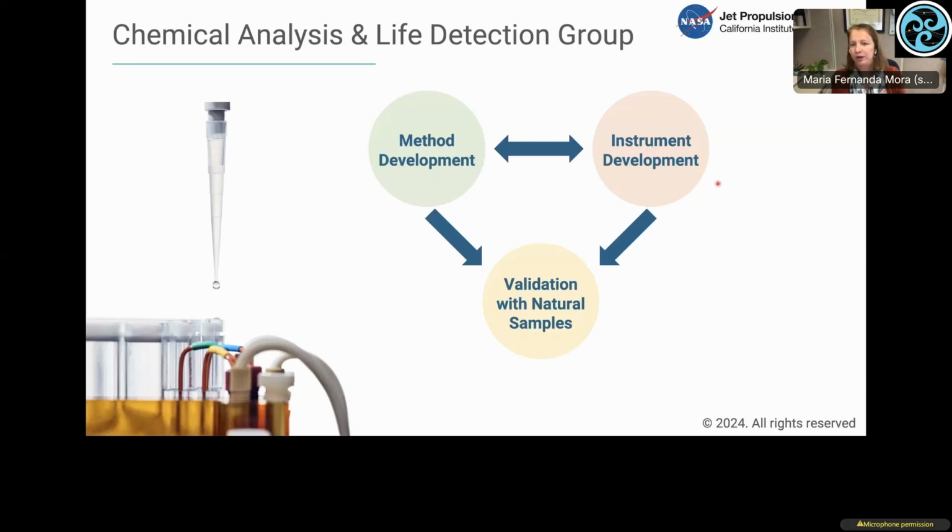At the same time, we also develop instruments that can do those analyses. And then in both cases, we validate the performance of the method and the instruments by analyzing natural samples. So we do standard samples in the lab, and then we do natural samples too. Today, what I'm going to show you is mostly one type of natural sample, but before I get there.